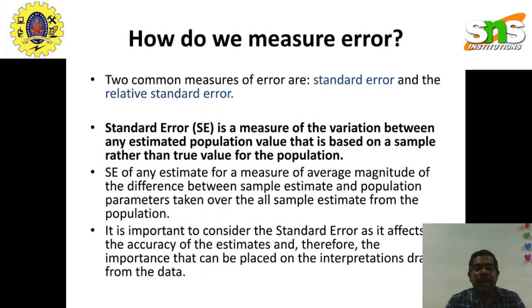So I have to cluster district wise, meet the people group wise, collect the data, and then infer the collected data to the rest of the population. That will create standard errors. But standard errors always affect the accuracy of the estimates, and also the importance of the interpretations drawn from the data. So the standard error will always make an impact on accuracy.